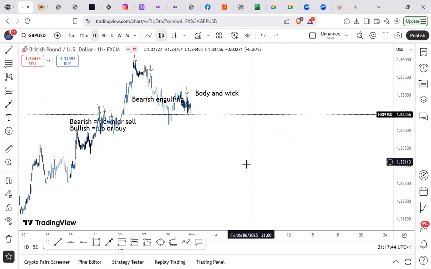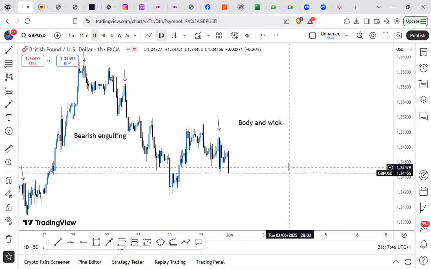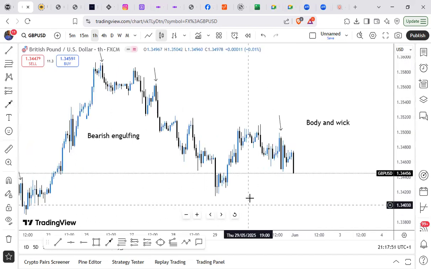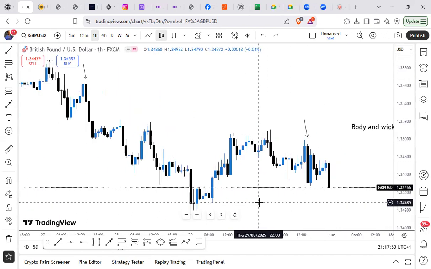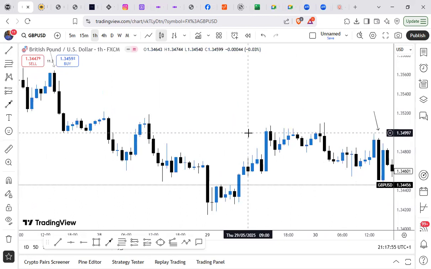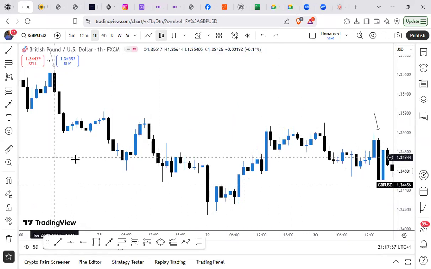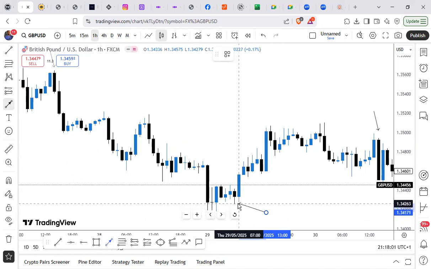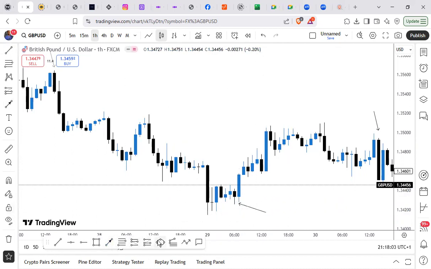Now the opposite of bearish engulfing is bullish engulfing. Bullish engulfing is just the opposite of bearish engulfing, and this is what I mean by that. Look at this setup right here.